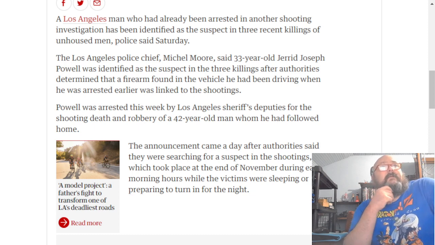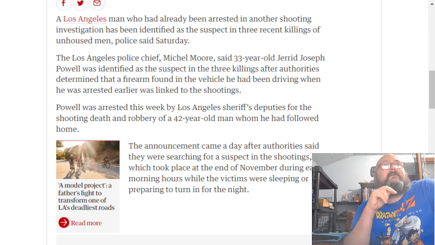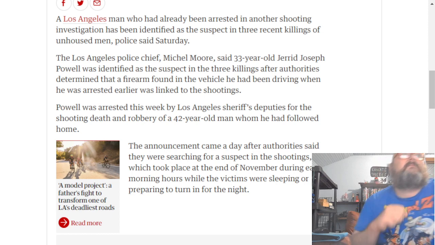A Los Angeles police chief, Michael Moore, said 33-year-old Jared Joseph Powell was arrested as the suspect in the 3 killings, after authorities determined that a firearm found in the vehicle he had been driving when he was arrested earlier was linked to the shootings.